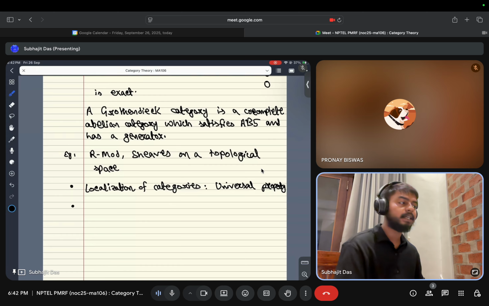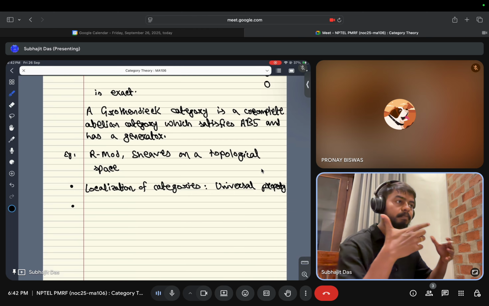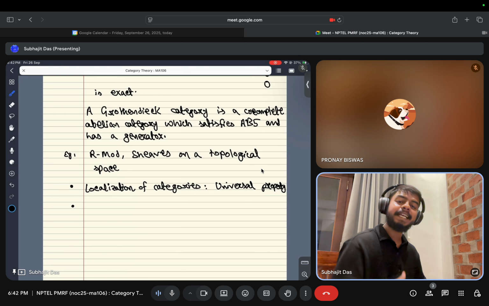One can phrase it entirely in terms of exact sequences: a Serre subcategory is a full subcategory such that if you have a short exact sequence in your big category, 0 to A to B to C to 0, then the objects A and C are in the subcategory if and only if the middle object B is in the subcategory.